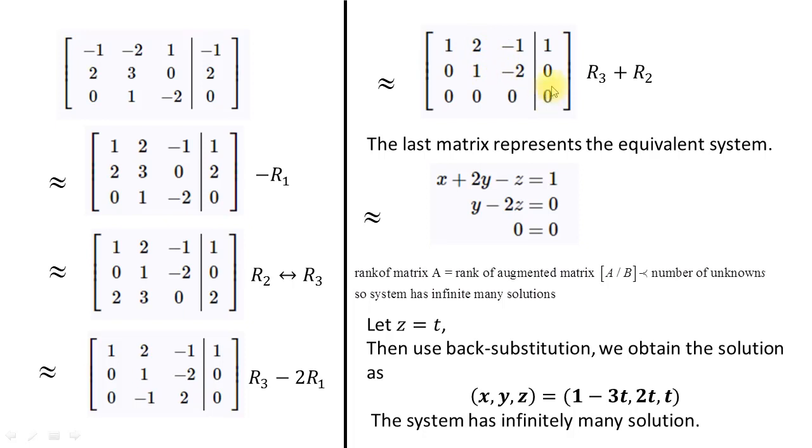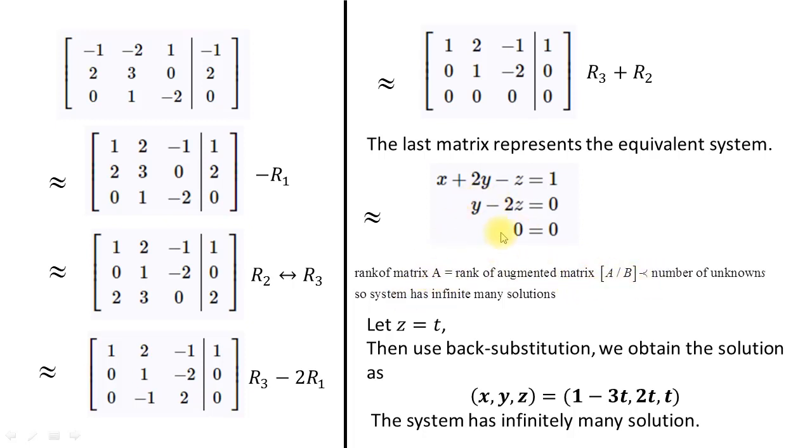But if this entry is non-zero, then the rank of the augmented matrix will be 3. But here this entry is also 0, so the rank of the full matrix is also 2, and there are 3 unknowns. So the rank of matrix A is equal to the rank of the augmented matrix but less than the number of unknowns.